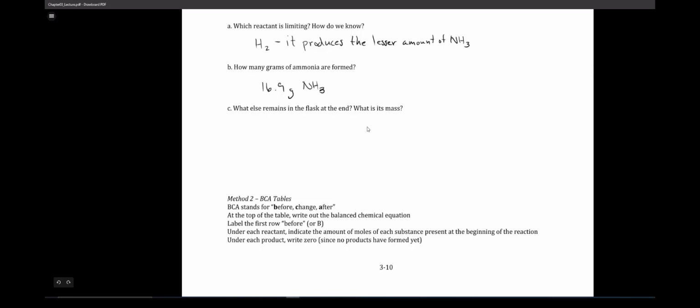What else remains in the flask and what is its mass? Okay. Now, there's 2 ways of answering this. Method 1. Since there are only 3 chemicals, or 3 substances, in the reaction, and I'm going to be very clear about this, in this reaction.